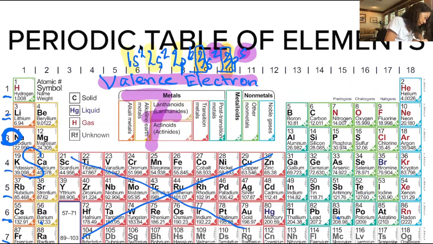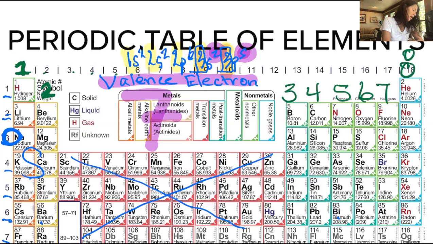If I number them, not 1, 2, 3, 4, 5, 6, 7, 8, not like that, but basically, guys, I'm just going to number those representative elements, the S and the P block. 1, 2, 3, 4, 5, 6, 7, 8.